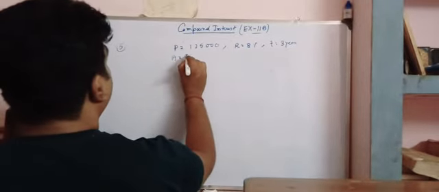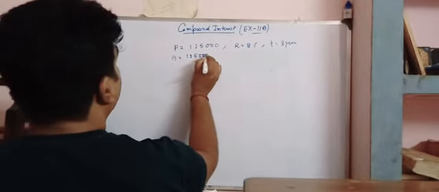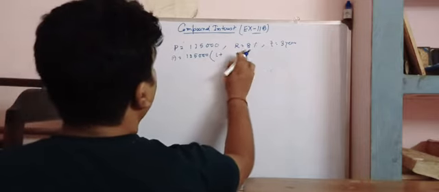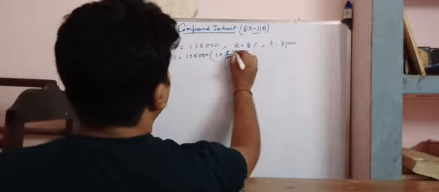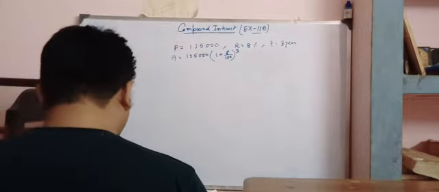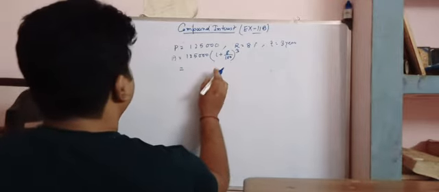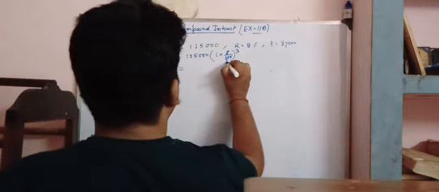So the amount should be 1,25,000 into 1 plus R, R means 8 by 100, to the power 3. Now all of this depends on calculation. This is 25.